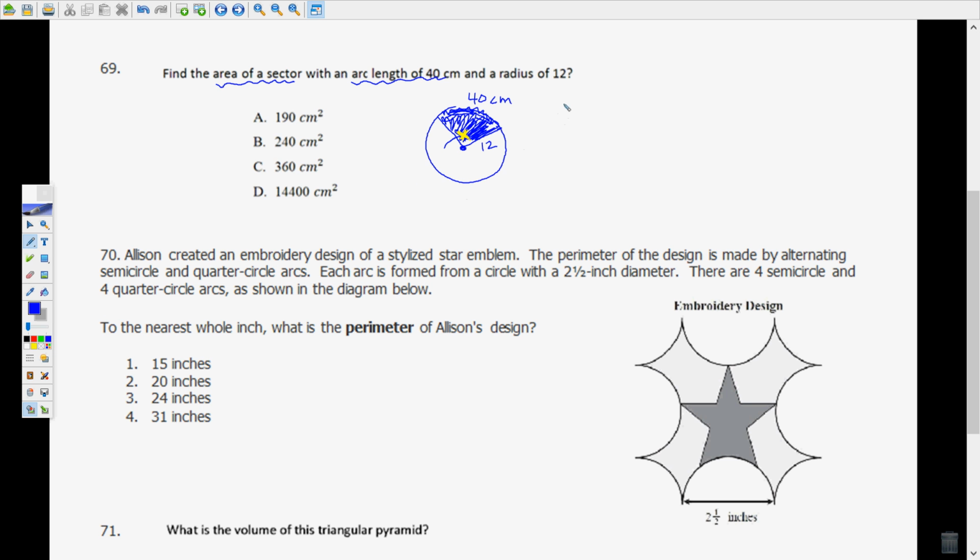In order to find that, let's use the arc length. The arc length is angle X over 360 times the circumference of the circle, d pi or 2 pi r, either one, and that is going to equal the arc length.